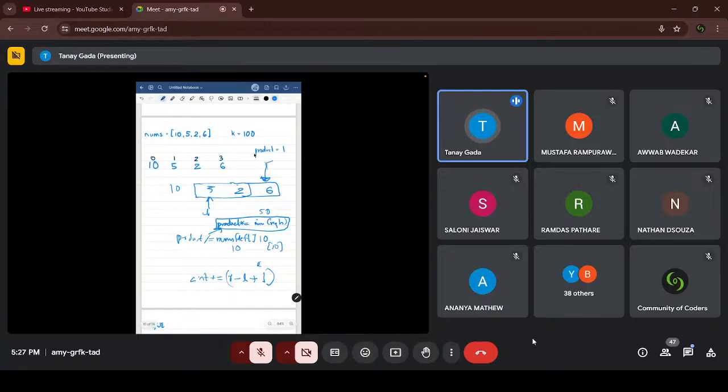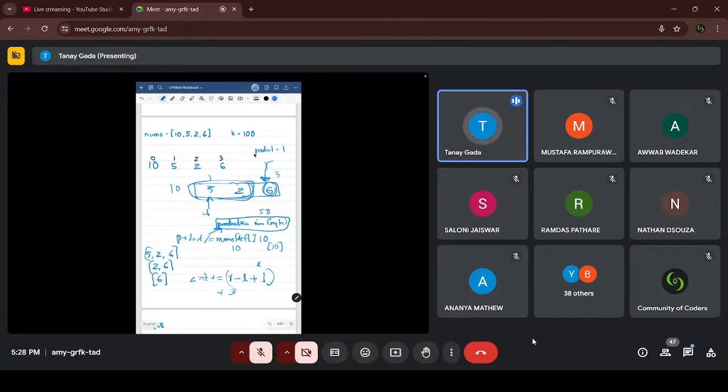So it is 3 minus 1 plus 1, so we increment by 3. And why 3? Because the addition of 6 to this window got us 3 subarrays which contribute to our answer. Which 3? 5 comma 2 comma 6, 2 comma 6 and 6.